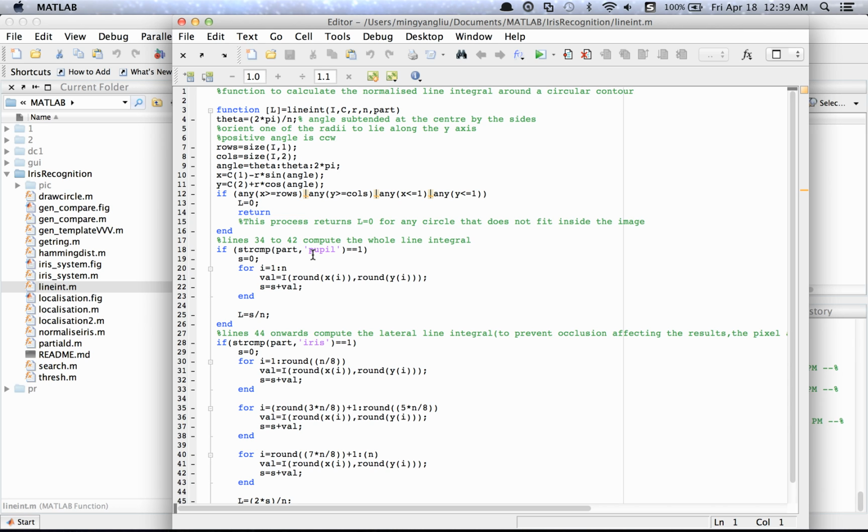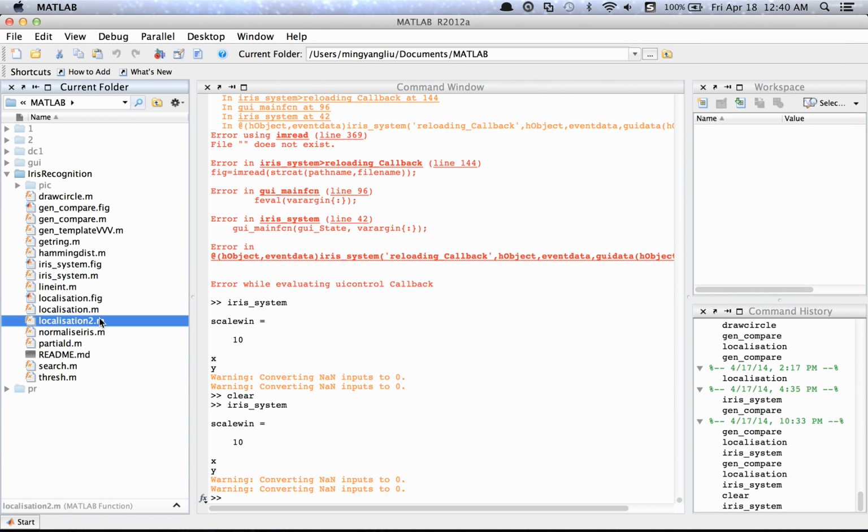So you can see the input includes the image, the central coordinate, the radius, the number of sides, and then the last one we need to pay attention to. This part is used to indicate whether the search is for an iris or a pupil. If the search is for the pupil, the function uses the entire circle for computing. The output is L, which is the line integral divided by the circumference.